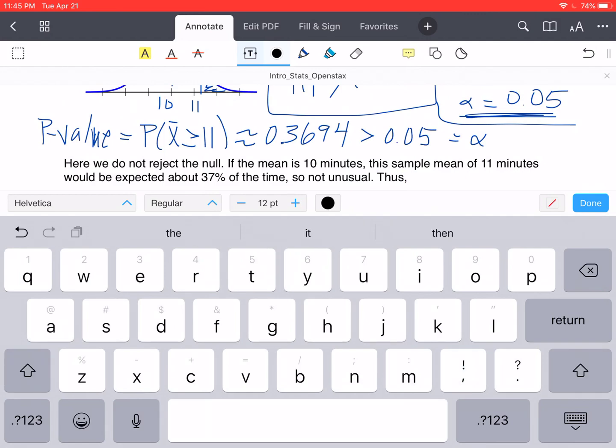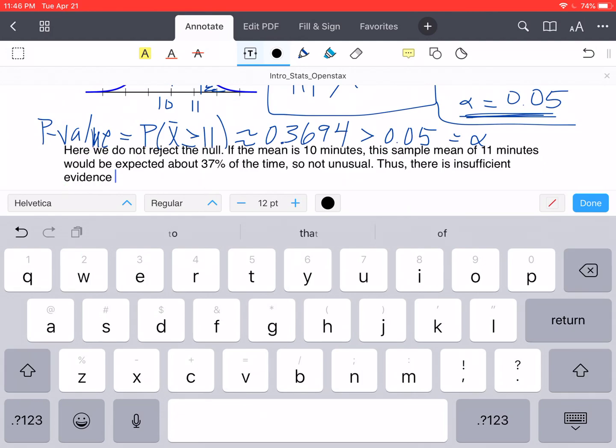Thus, there is insufficient evidence. There is insufficient evidence to claim the mean wait time is above 10 minutes.